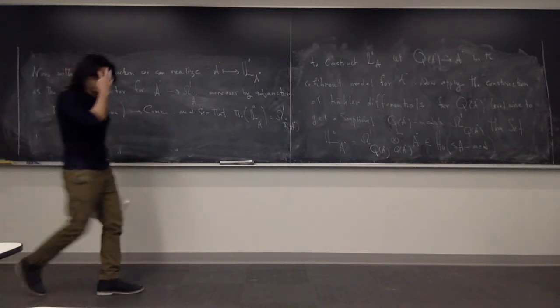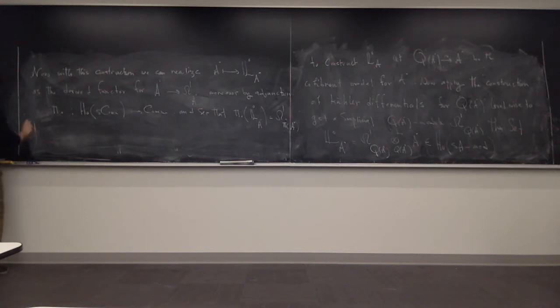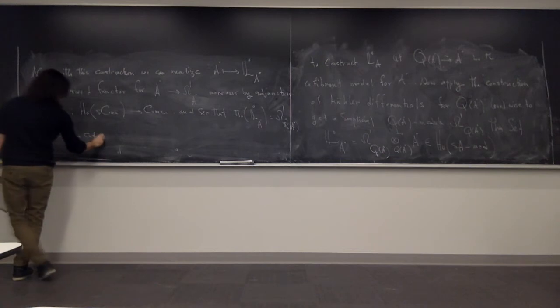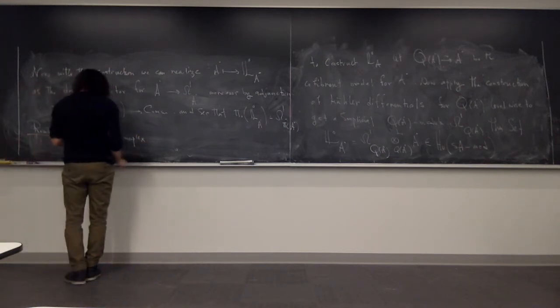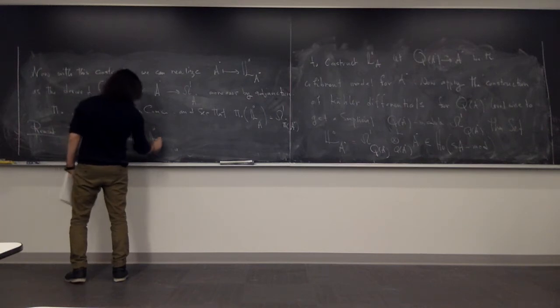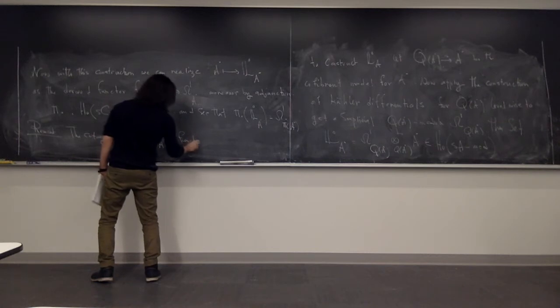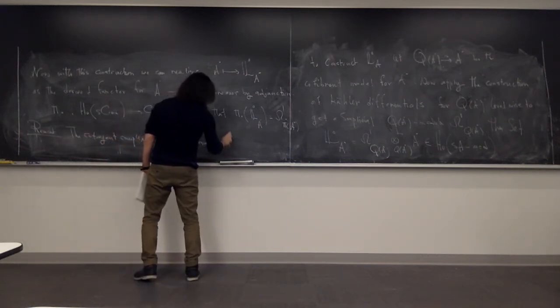Remark. So this is maybe good. The cotangent complex L dot of A dot is functorial in A dot.